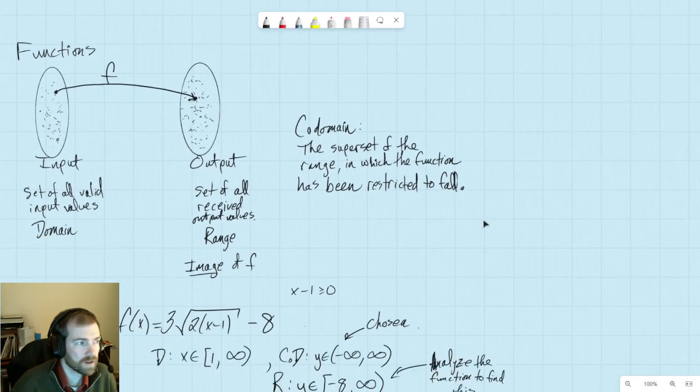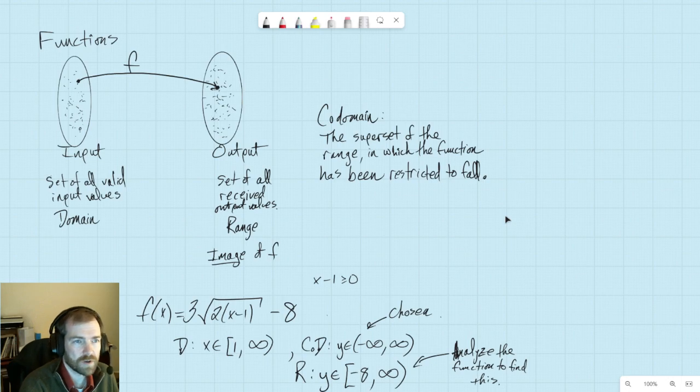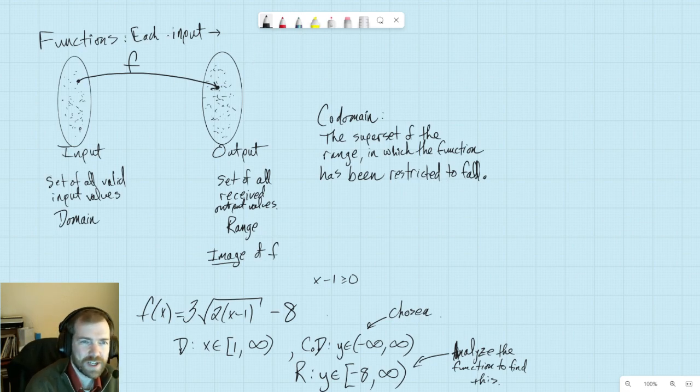Okay? So then we've got certain rules that apply. In order to be a function in the first place, each input is going to correspond with at most one output.